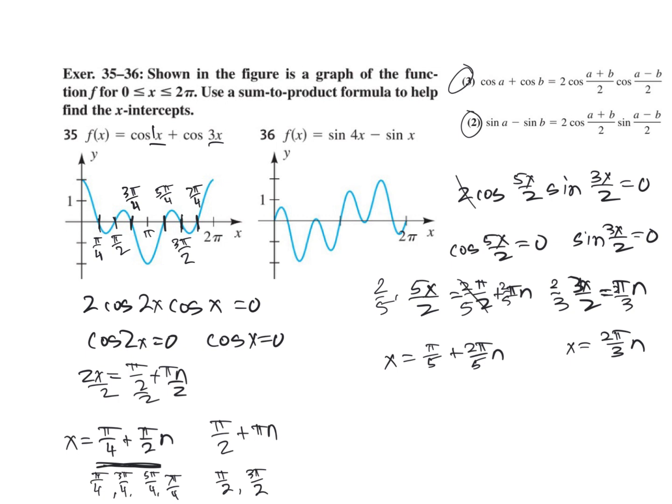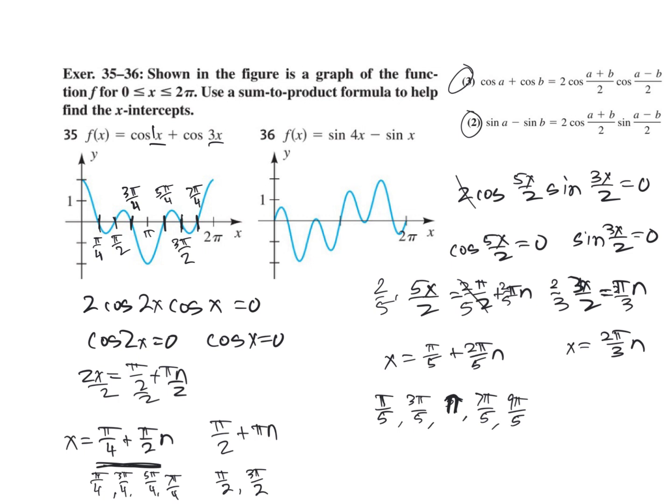So without even looking at the graph, I can do this. 1 pi over 5 plus 2 pi over 5 is 3 pi over 5. Plus another 2 pi over 5 is 5 pi over 5, or pi. There, we're halfway around. And 5 pi over 5 plus another 2 pi over 5 is 7 pi over 5, plus another 2 pi over 5 is 9 pi over 5. If I go one more, I'll be past 2 pi. So those are all the fifths.